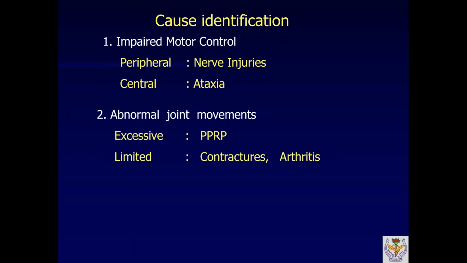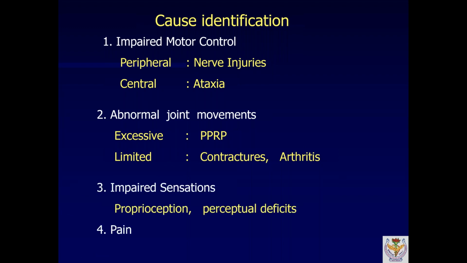And abnormal joint movements, for example, if there is excessive movement, there is a flail joint, that means there is no power across the muscles crossing the joint, like in post-polio residual paralysis. Or if there is limited joint movement like contractures or arthritis, all these can give rise to different types of abnormal gaits. And sometimes just sensations.